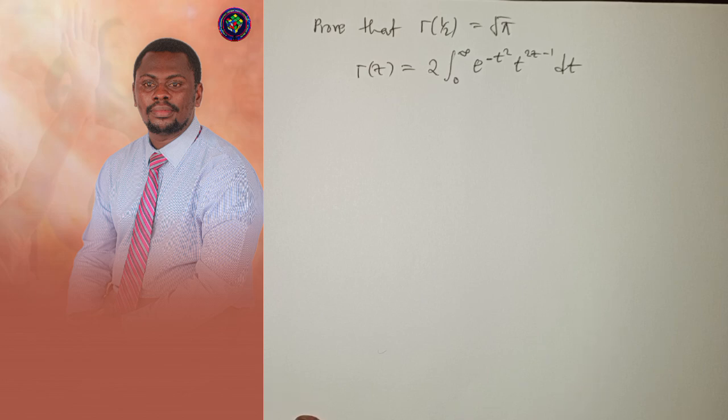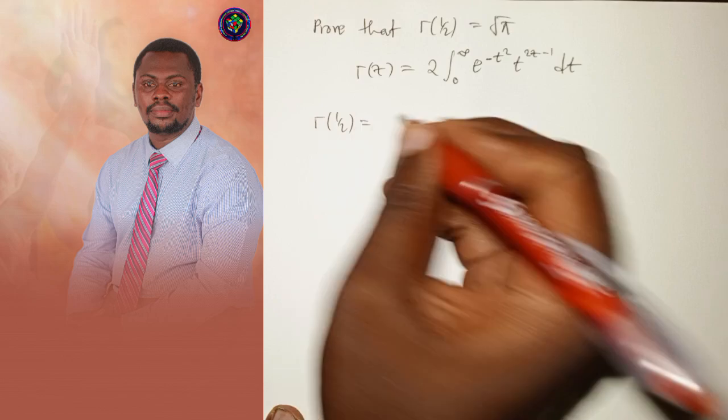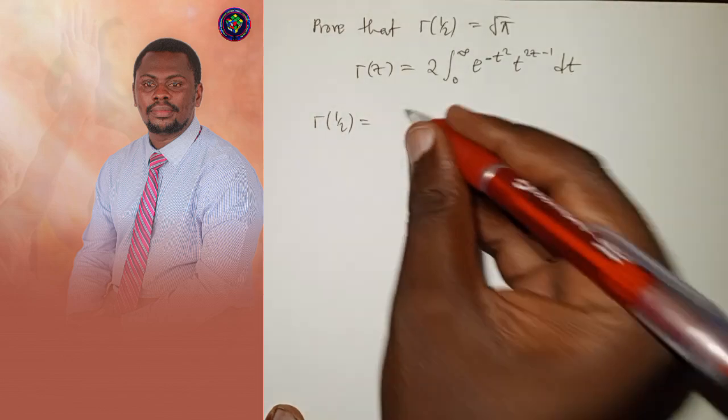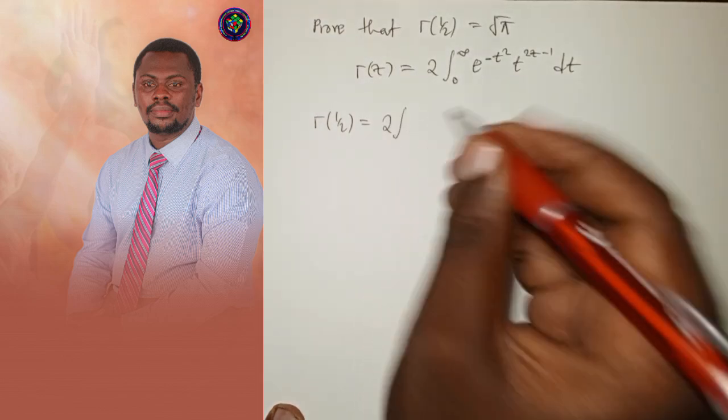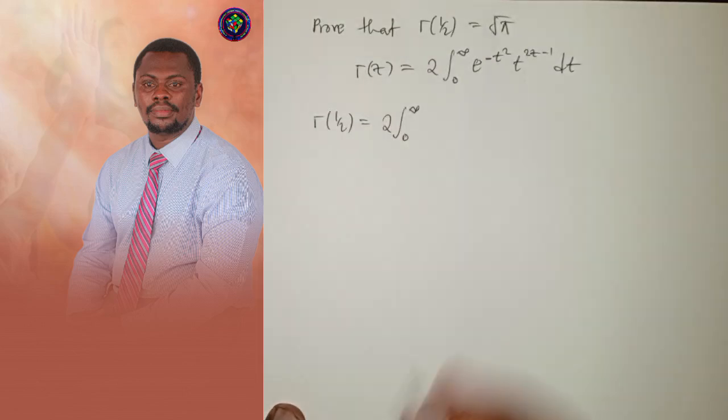Okay, so gamma of half. Where there is z, we are going to put half. So we have gamma of half is equal to 2 integral from 0 to infinity of exponent, let's have it in two forms, in terms of x as well as in terms of y.